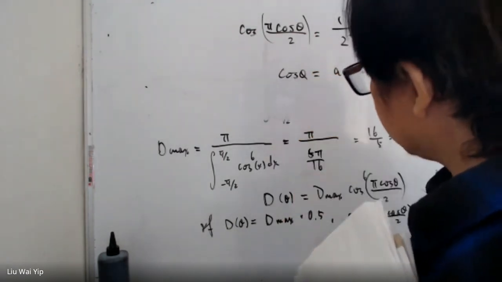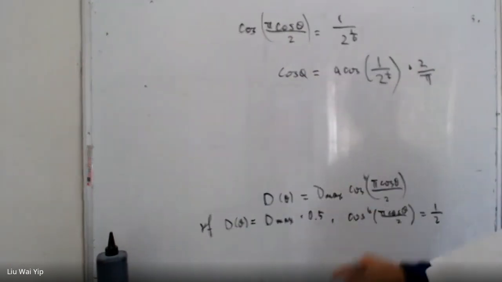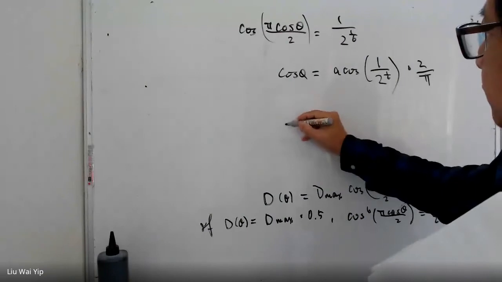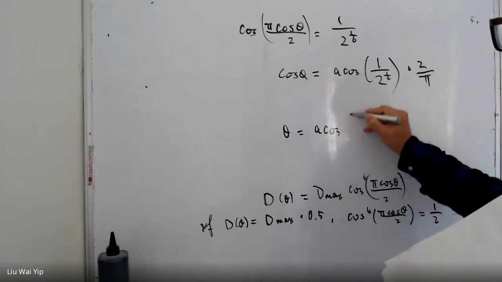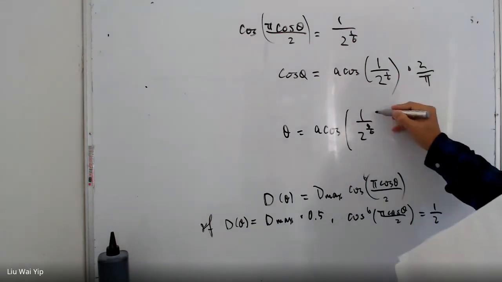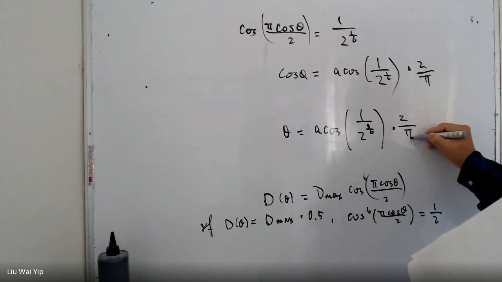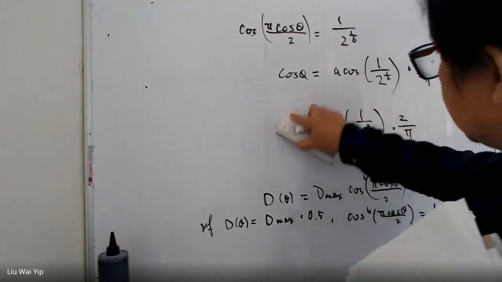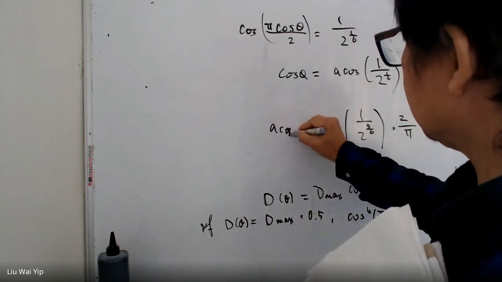And of course, at the end, you just need a cos, and then 2 pi, and then a cos.